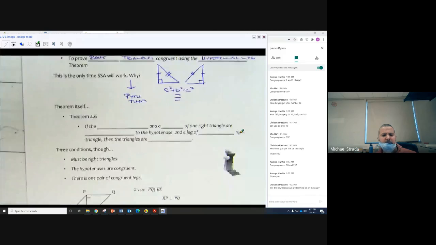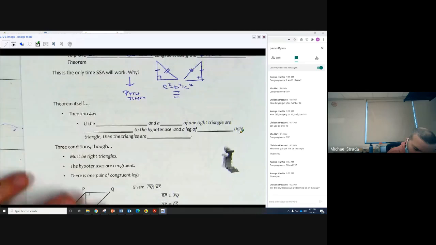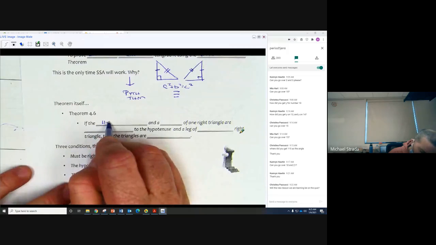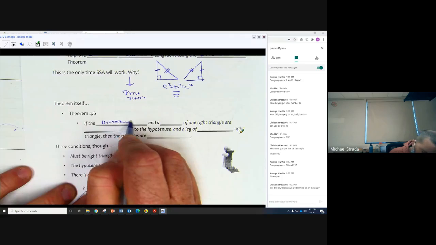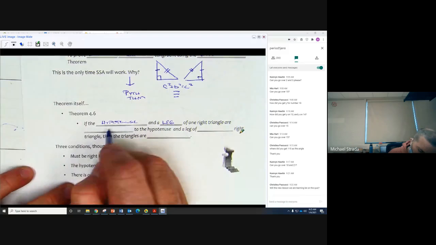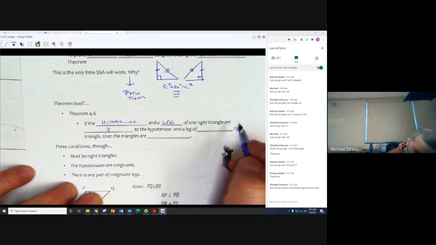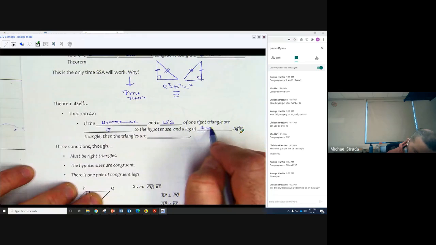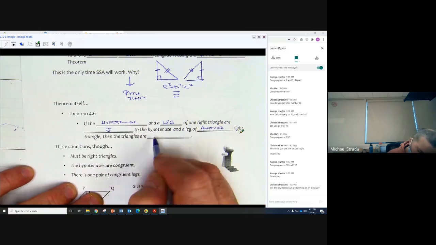All right. So theorem 4.6: if the hypotenuse and the leg of one right triangle are congruent to the hypotenuse and the leg of another right triangle, then the triangles are congruent.